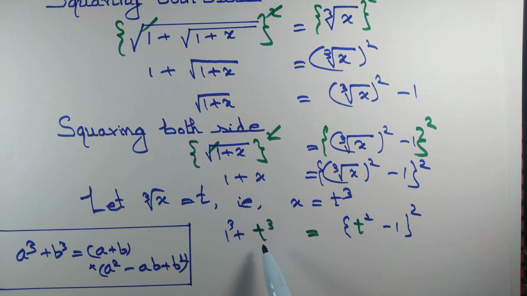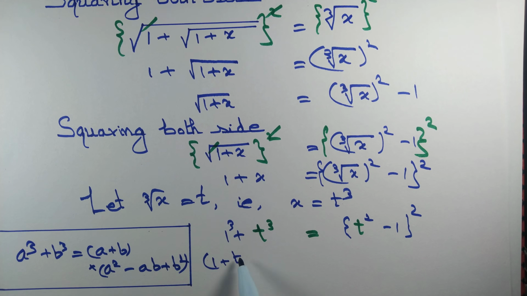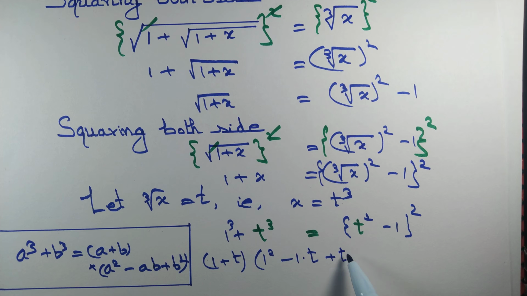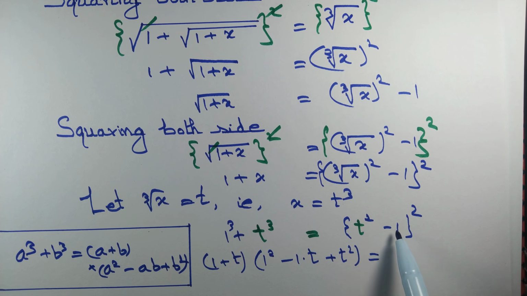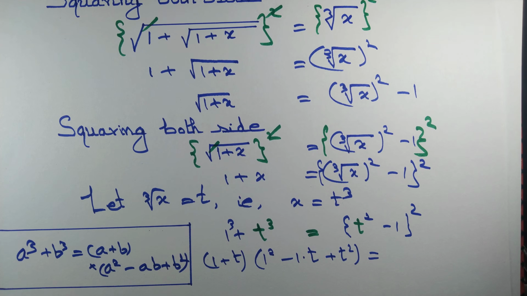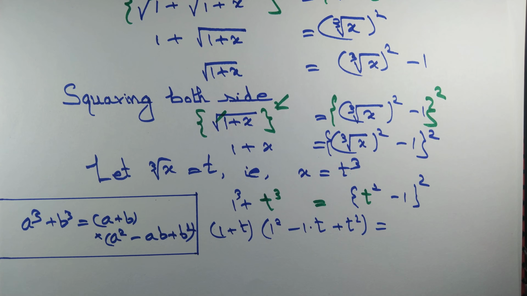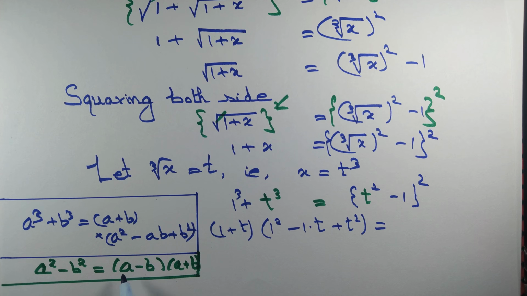1 cube plus t cube equal to 1 plus t, by this formula a plus b, then a square, so 1 square, minus ab, 1 into t, plus b square, so t square, equal to t square minus 1 whole thing square. Again we know the formula that a square minus b square equal to a minus b whole thing into a plus b.